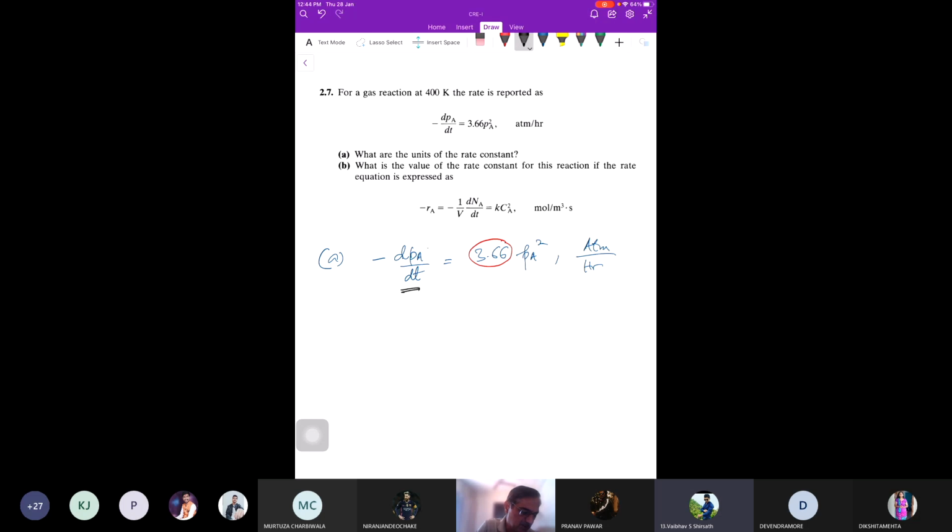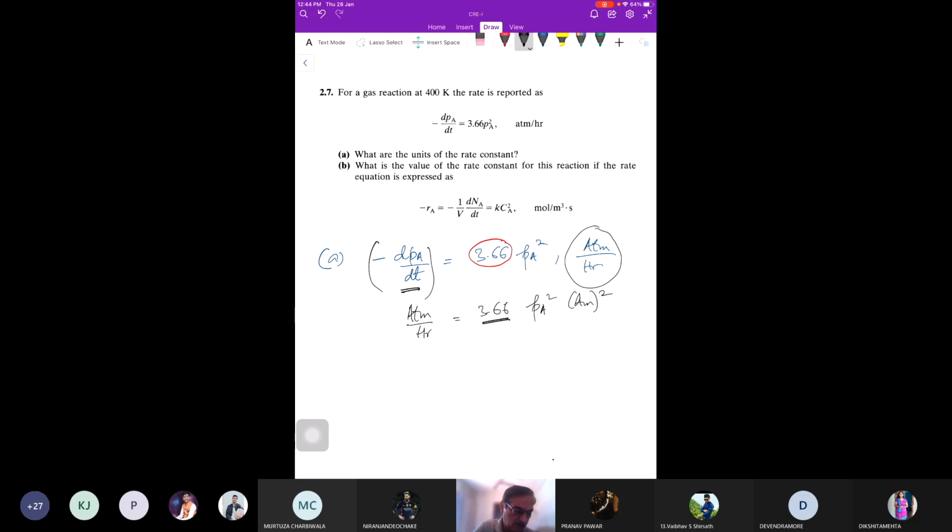Okay. So essentially the unit given to us is atmosphere per hour, right? Of the left hand side. This is what this means. Here we write that the unit of rate of reaction equals 3.66 into PA square. PA square means atmosphere square. Okay.